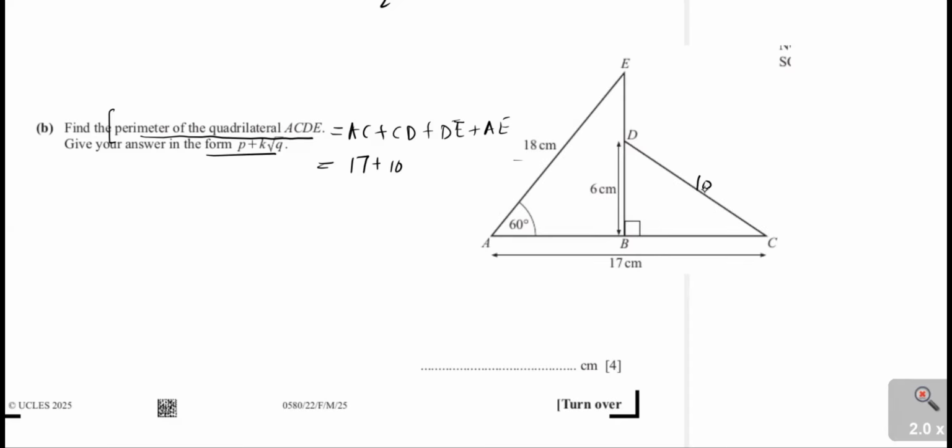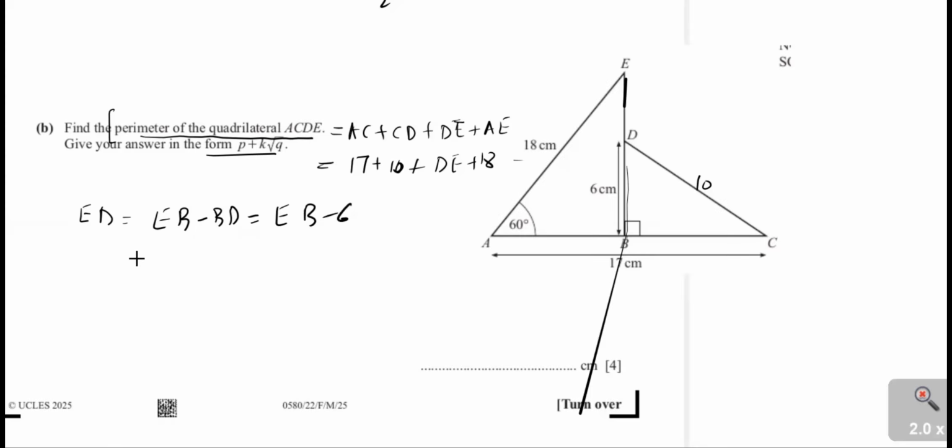We already proved this in the above part. And DE we have to calculate, and AE length is 18. We can calculate the length ED if we subtract the length DB from length EB. EB minus BD, that will be equal to EB minus 6.